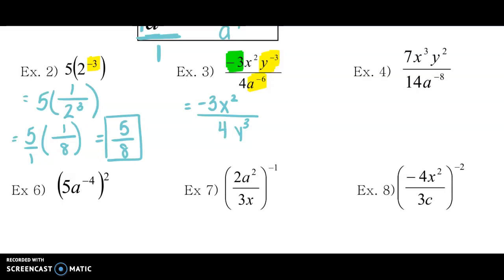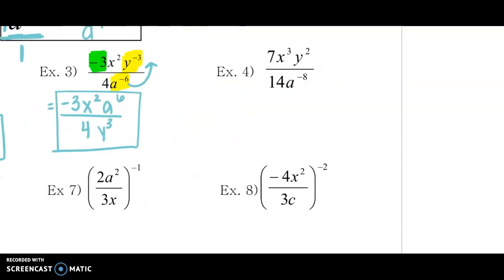But the a to the negative 6 has to come up top and become positive. So you see what I'm saying when I say if it's up top, it comes to the bottom. If it's in the bottom, it goes up top. It just depends on where it is. It just flips its position. And then you would look, is there anything I can combine or simplify? There isn't, so that would be our final answer. You never want to have negative exponents in your answer.